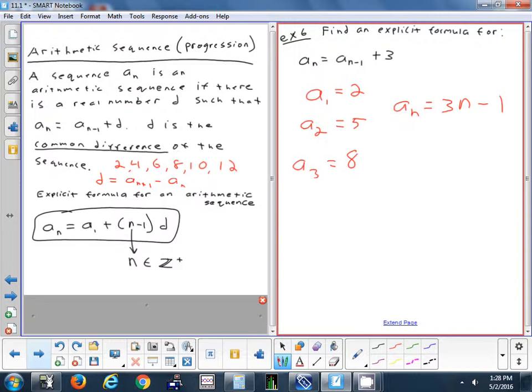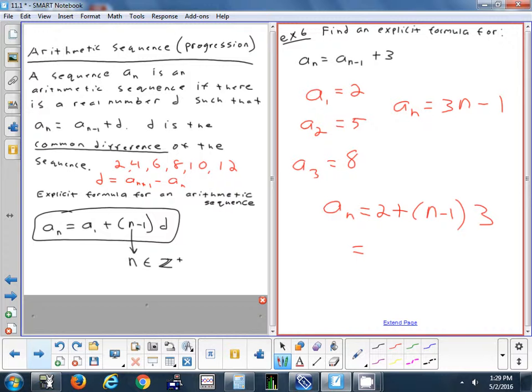Let's try it with the formula. It says to get the nth term, take the first term, which is how much? 2, plus n minus 1, times the common difference. What's the common difference here? 3. That's what you're adding each time. Now that doesn't look like what we have. But what could we do to make it look like that?